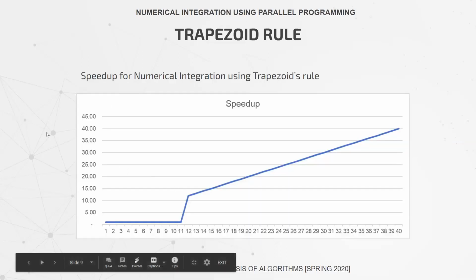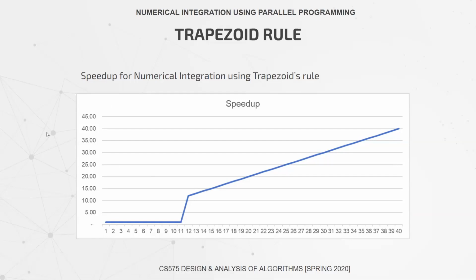As you can see, the graph for the trapezoidal rule here shows the speedup: as the program executes the integration, the speedup increases. Just to add to what Ketan said, the speedup is the performance of executing the whole program in one thread in comparison with multiple threads.